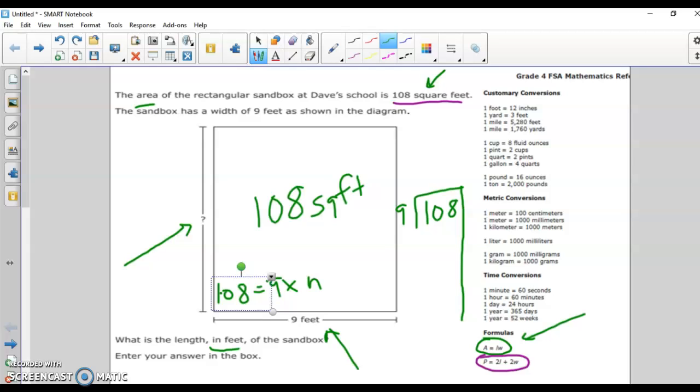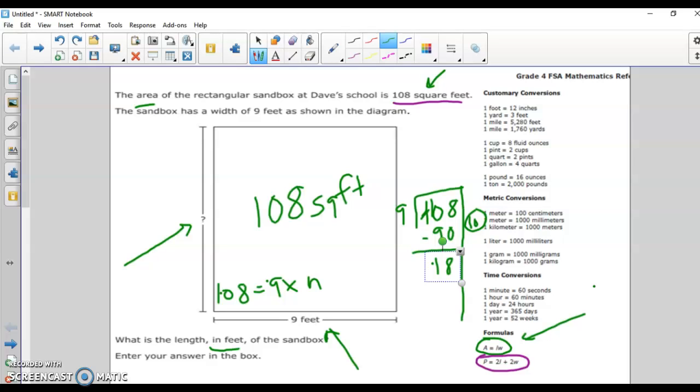9 times a certain number is going to have to get me close to 108. My best bet right now is to use a 10. 9 times 10 is going to be 90. And we are going to be left with 18 after we regroup.